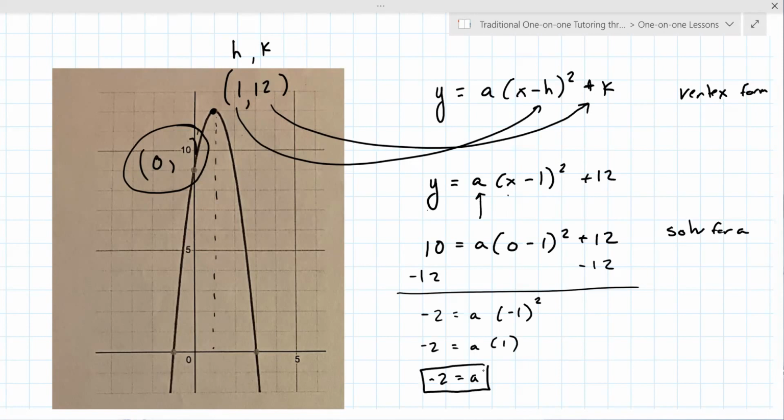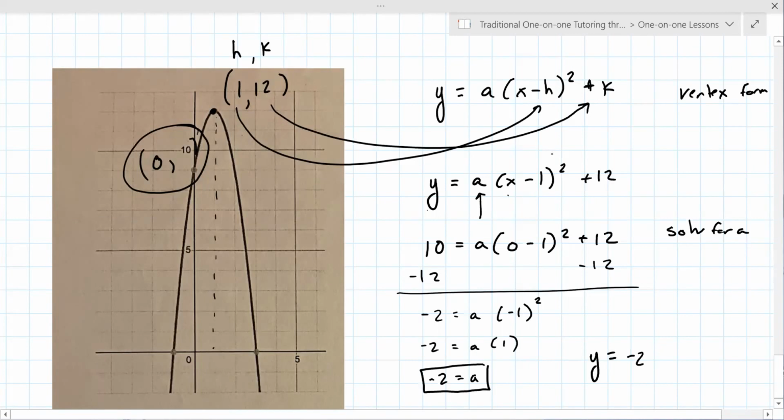Okay. Now, what are the transformations? Well, do you have your final equation? Yeah, I have my final equation. What's your final equation? y equals what? y equals -2. Okay, what else? y equals -2 plus 12.